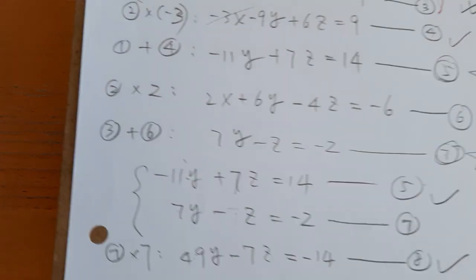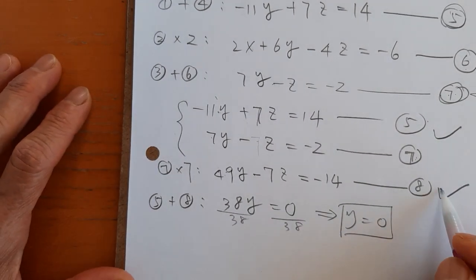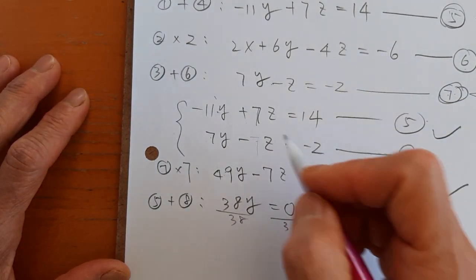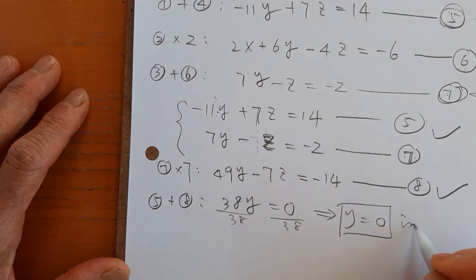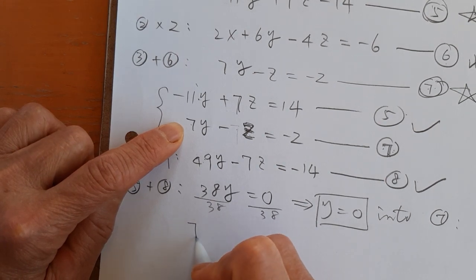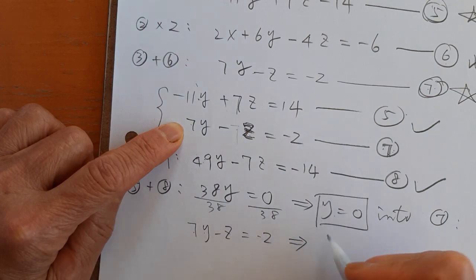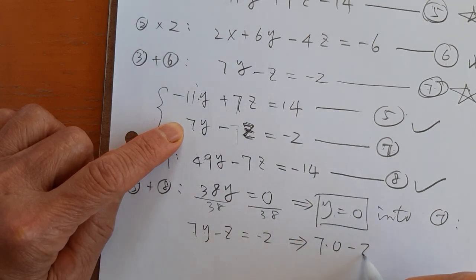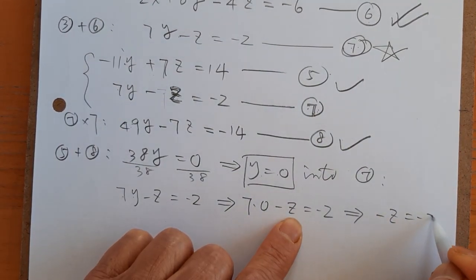And that's y. With y equals 0, you can plug it into either the fifth or the seventh to get z. Since the seventh has only z, plug it into the seventh, it's easier. The seventh is 7y minus z equals -2. Plugging in y equals 0, 7 times 0 is 0, minus z is -z equal to -2.